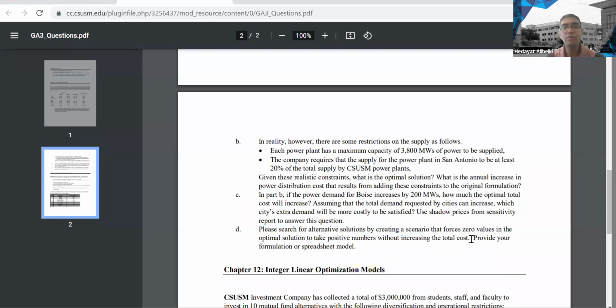So what do we do for this part? There's a video on chapter 11. When you check the list of weekly material, you'll see searching for alternative solutions for linear programming.